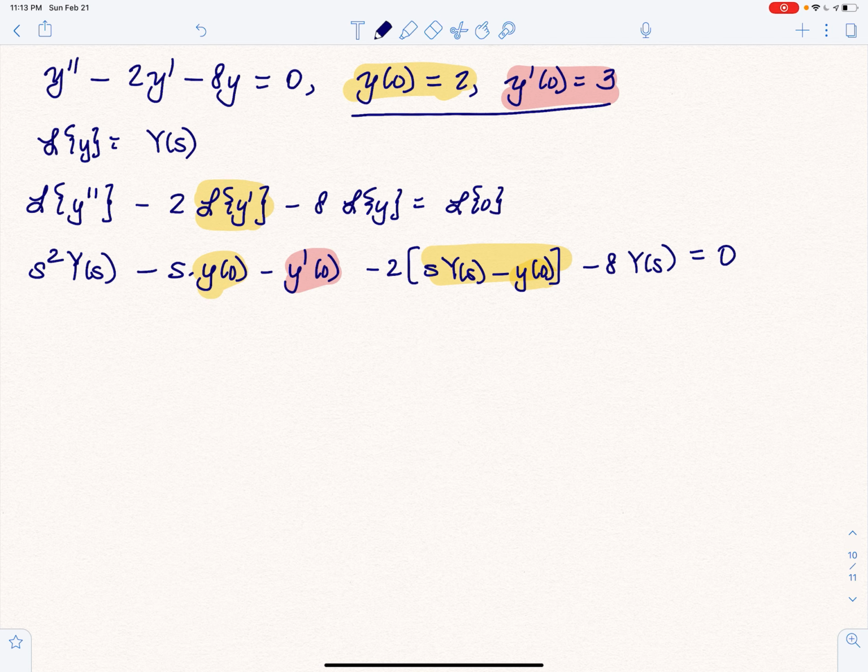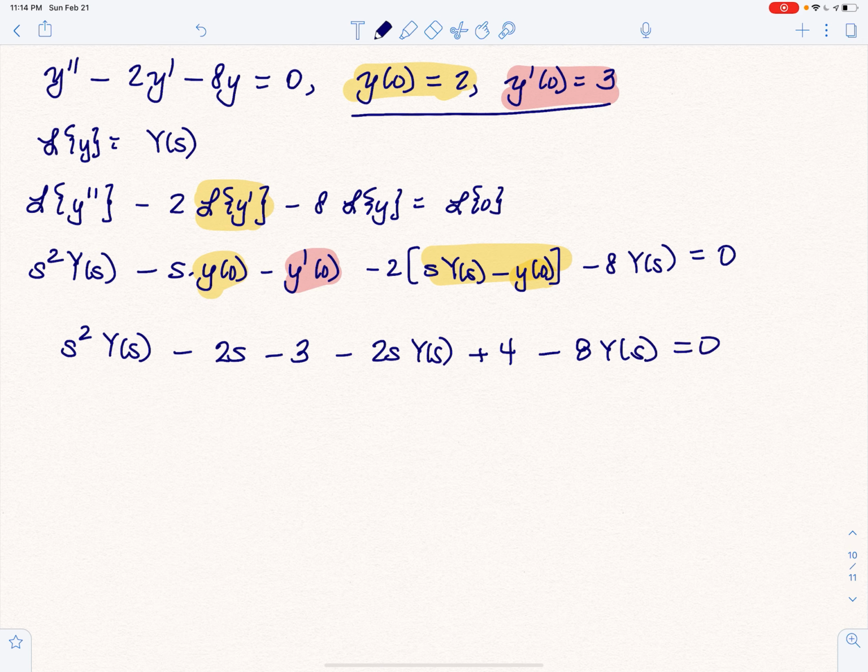So we have s squared Y of s minus s times 2, so this is 2s, minus 3, minus 2s Y of s. Now we're going to have plus 2 y at 0, so that's going to be plus 4, and then minus 8 Y of s equals 0.